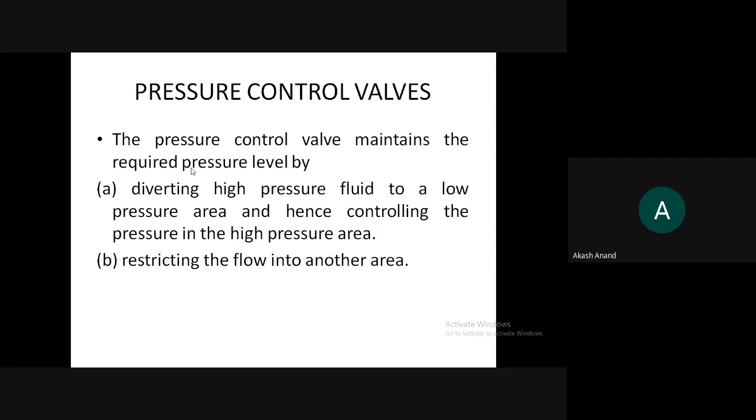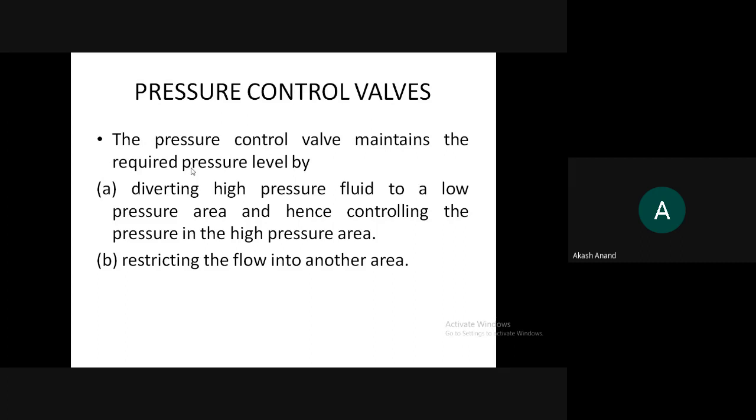We already discussed that in a hydraulic circuit, there can be a chance for surging. So when surging occurs, there is a chance of the pressure increasing inside the flow. So in order to limit that pressure, we have to control the pressure inside the circuit. So for controlling the pressure inside the circuit, we actually depend on pressure control valves.